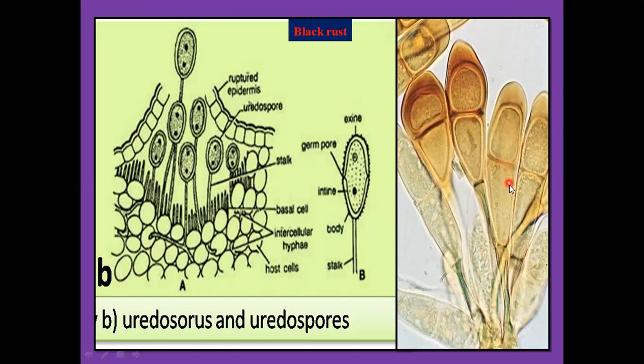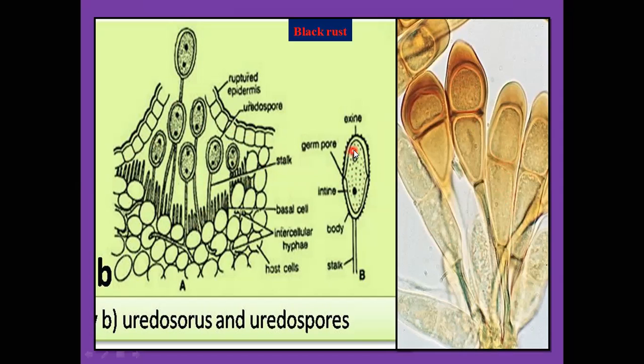This is the first cell and the second cell. Two-celled or bicelled teleospores are present within the teliopustules, and the single cell is produced on the uredopustules.